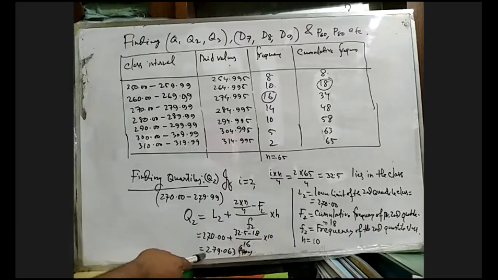Putting these values, we get the second quartile 279.063.